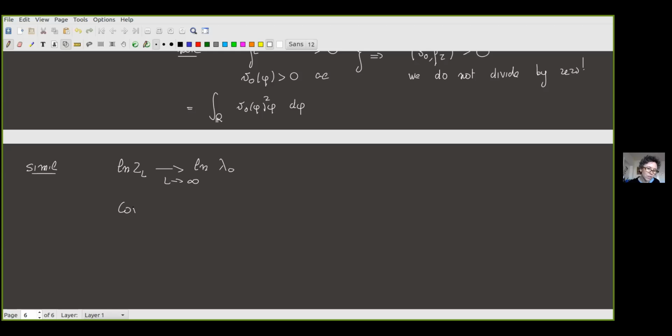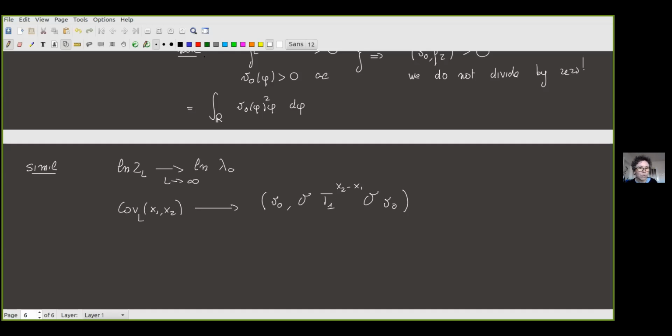And we can show that the covariance of x1, x2 converges, when L goes to infinity, to the final expression: V0, O, T1 to the power x2 minus x1, O, V0, where O is some observable.